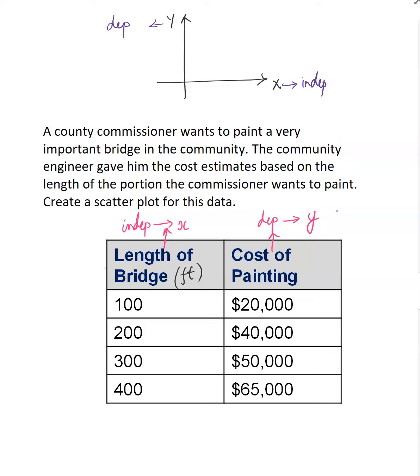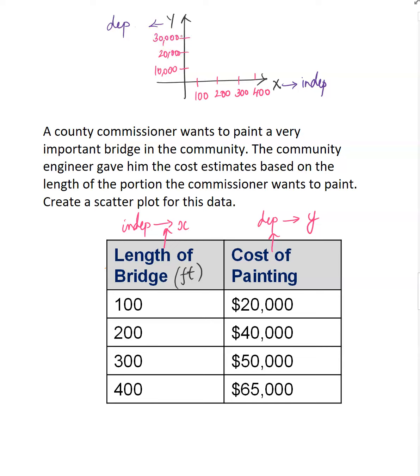Now that we've identified X and Y, you can go to your graph and mark 100, 200, 300. Then go over here, and if you jumped by 10,000, this would be 10,000, 20,000, 30,000, and so on.